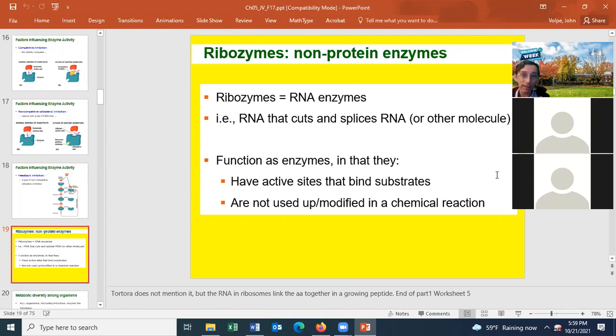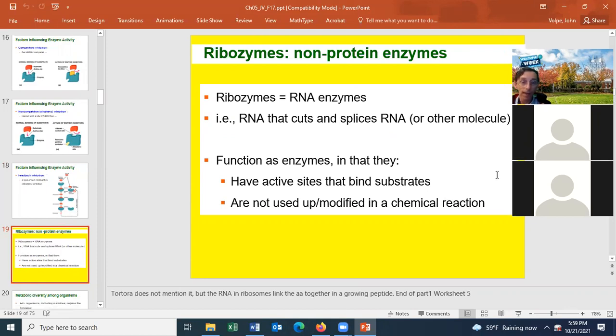They are RNA that cuts and splices RNA or another molecule, and they function as enzymes in that the RNA has an active site that actually binds to the substrate, and then the RNA is not used up or modified in the chemical reaction. So once it performs the chemical reaction, this ribozyme can then bind to another substrate and perform another chemical reaction.